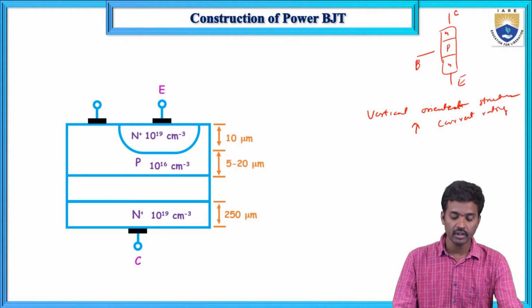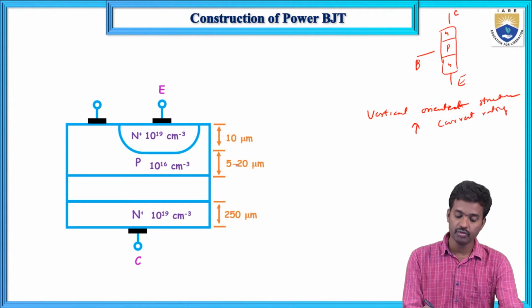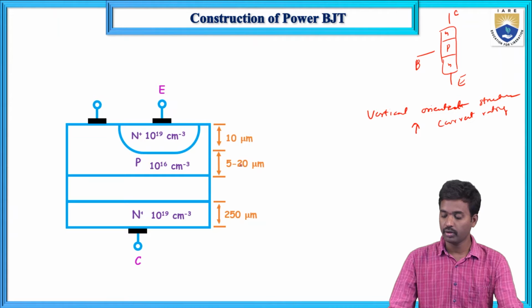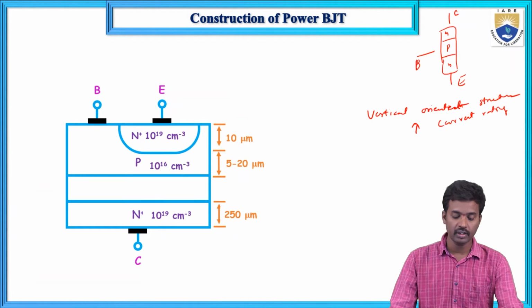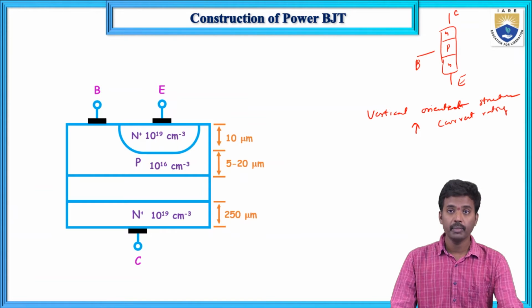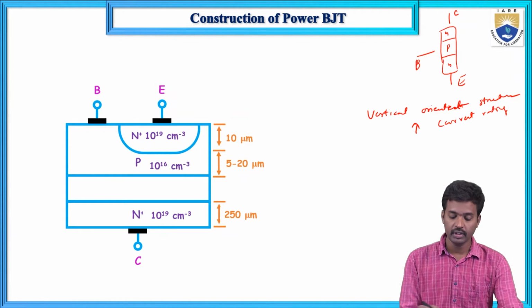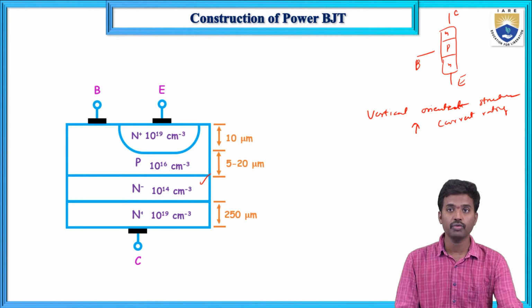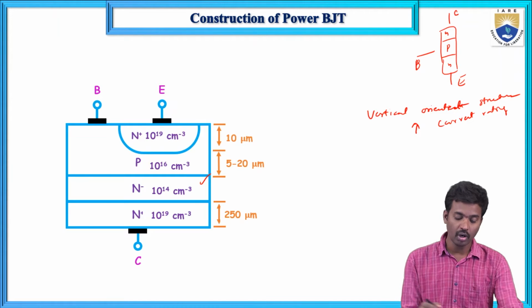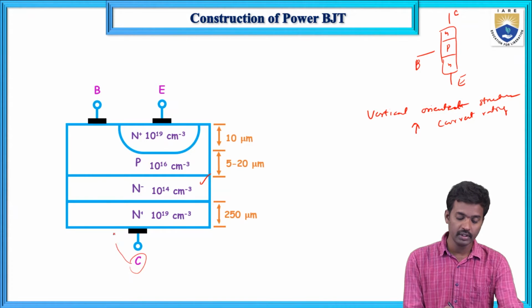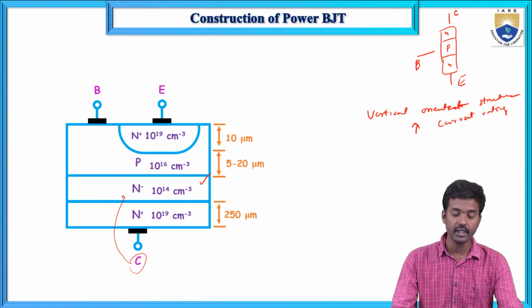This layer width is 5 to 20 micrometer, and it is connected to the base. Now the middle layer is the N minus layer, a lightly doped layer, with a doping level of 10 raised to the 14 per centimeter cube.